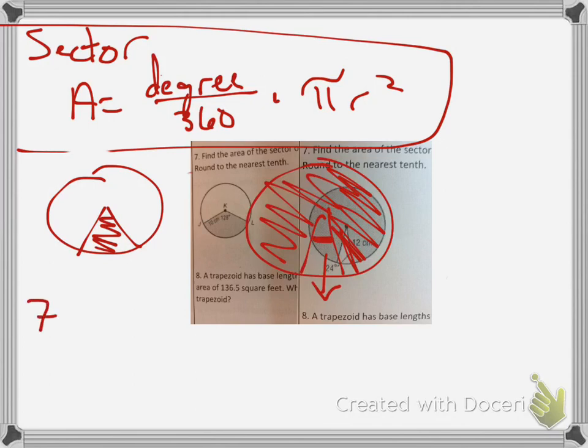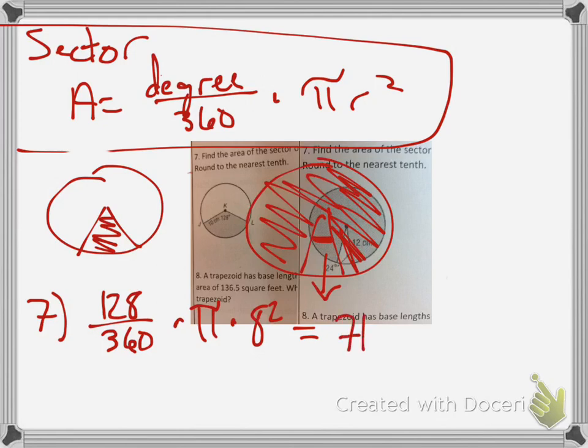So on number 7, though, the way it's set up, you can say 128 over 360 times pi times the radius squared, which is 8. Press enter, and you would get an answer of about 71.5 centimeters squared.